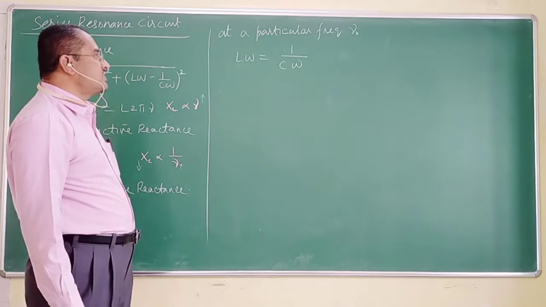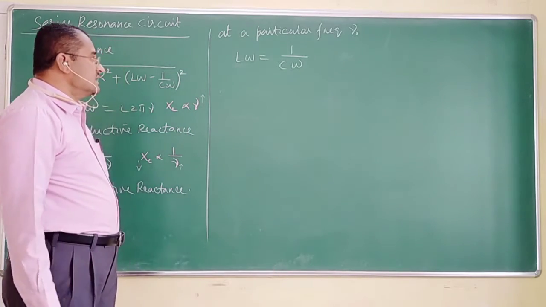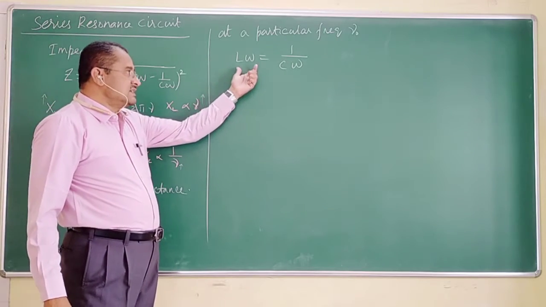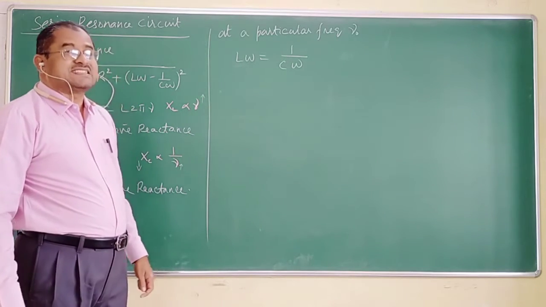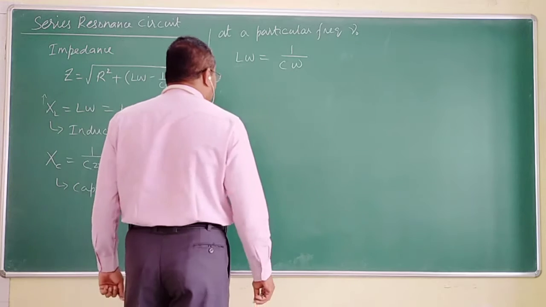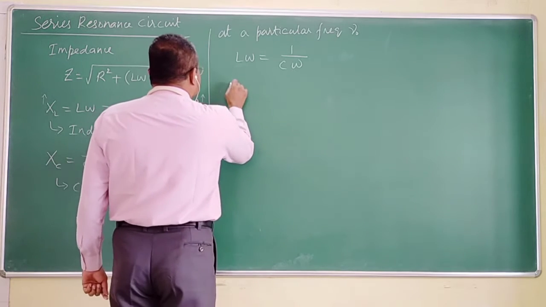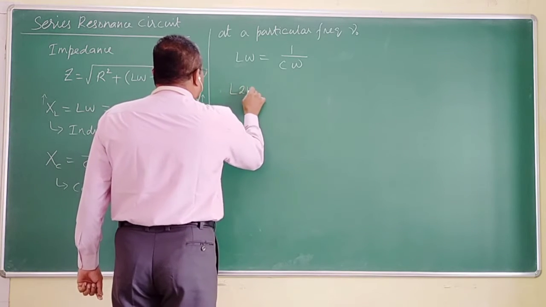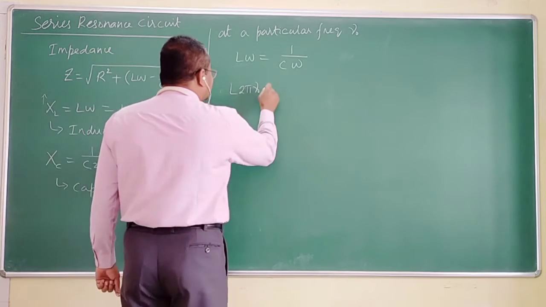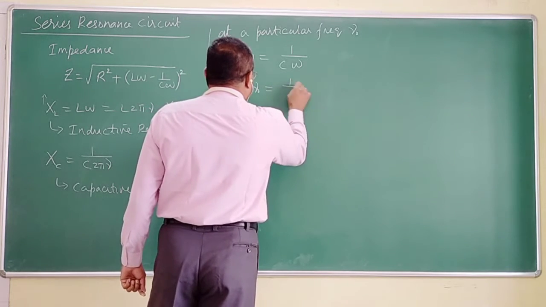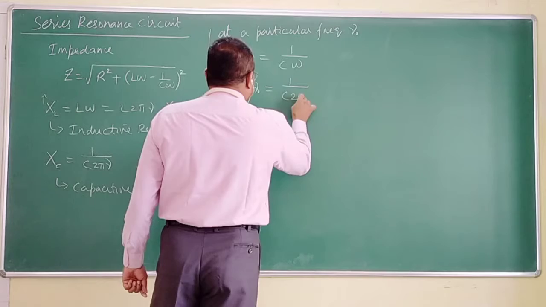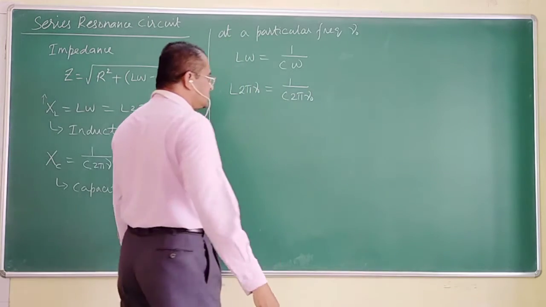At a particular frequency nu naught, inductive reactance becomes equal to capacitive reactance. Therefore, I will write this as L 2 pi nu naught is equal to 1 by C 2 pi nu naught.